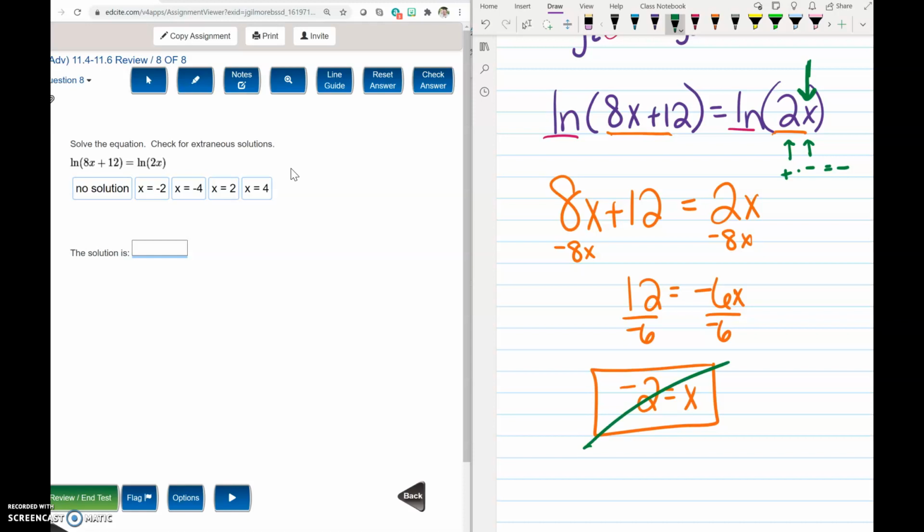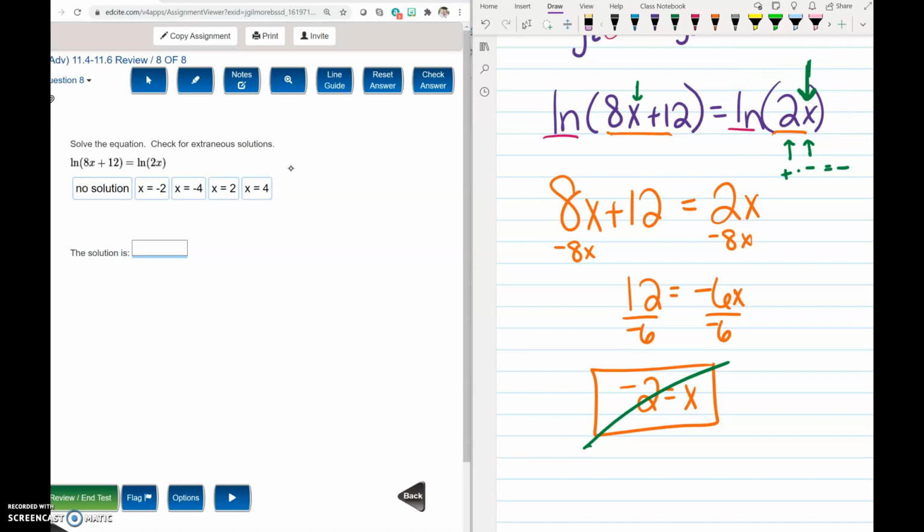You can try it over here as well. 8 times a negative, well, how negative? 8 times negative 2 is negative 16. Negative 16 plus 12, because 16 is bigger than 12, you're not going to get past 0, so it's still going to be negative. That's why on this problem, I'm going to lean toward the side of the problem that has less stuff inside the log, because it's going to be easier to check that side.